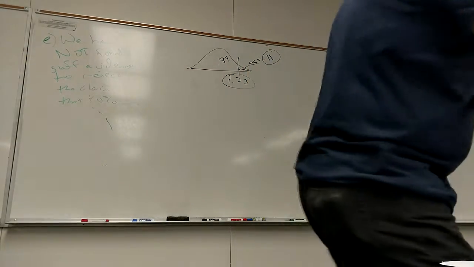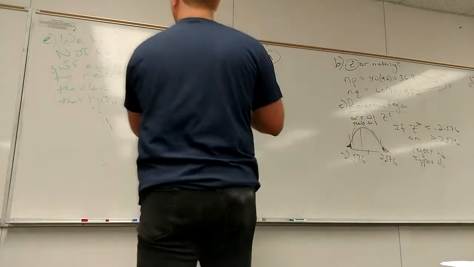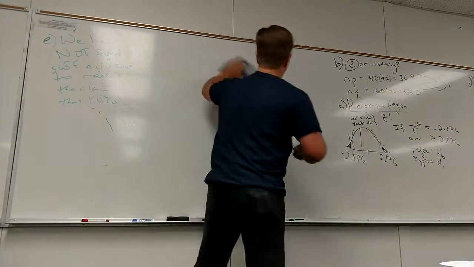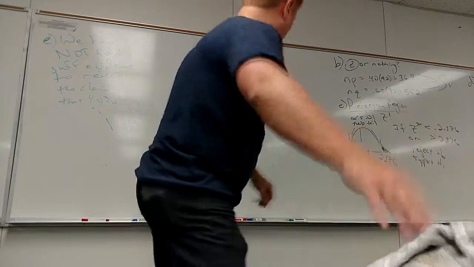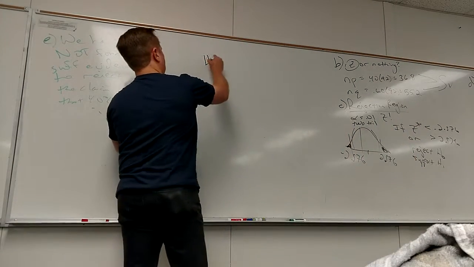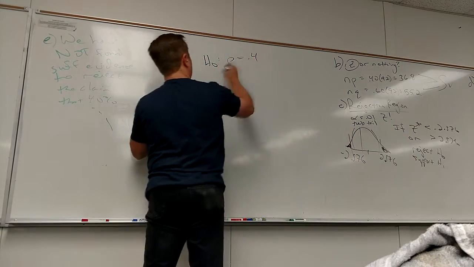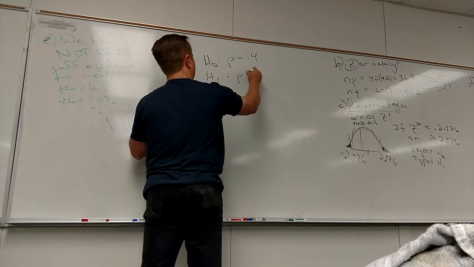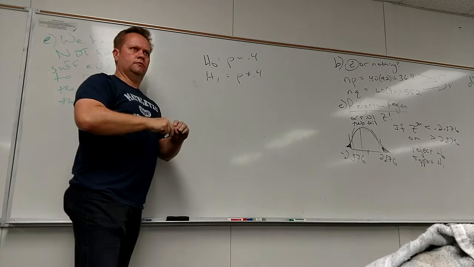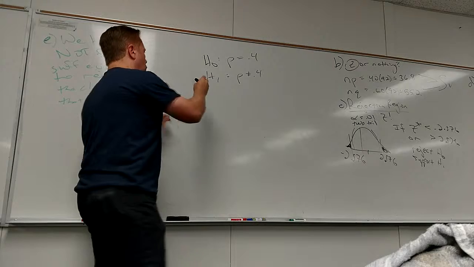Yes. So, on the problem we just did, the null was that p equals 0.4 and the alternate was p not equal to 0.4, right? So the type 1 error.